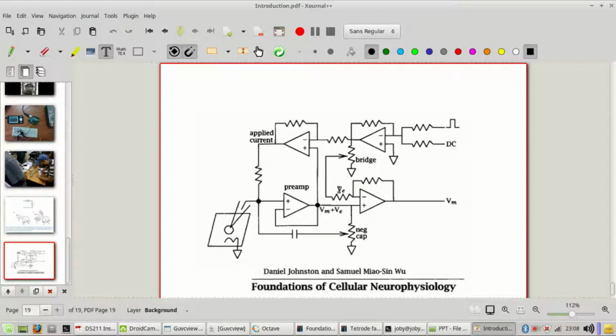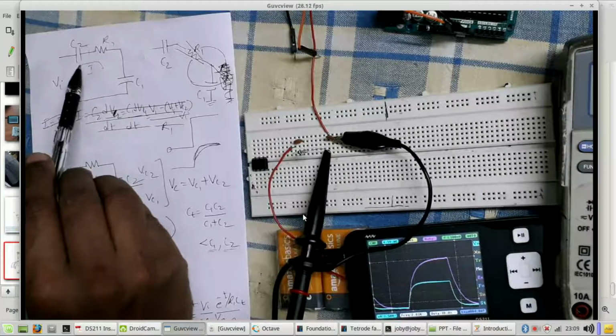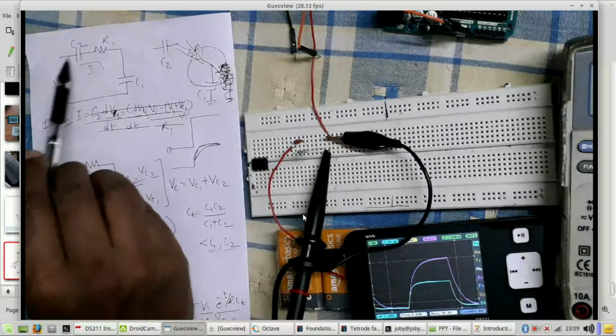This is an example of a circuit given in the textbook, Johnston and Wu, and you can see it's a more sophisticated capacitance compensation called introducing a negative capacitance. But you will see that this capacitance here in some sense works in the same way as this capacitance here. Okay, but of course it is amplified and so on.